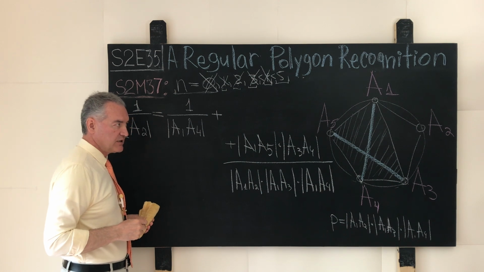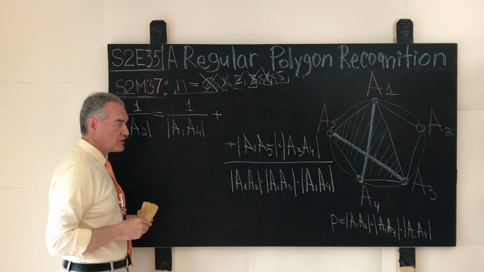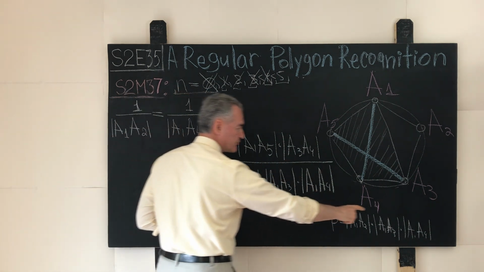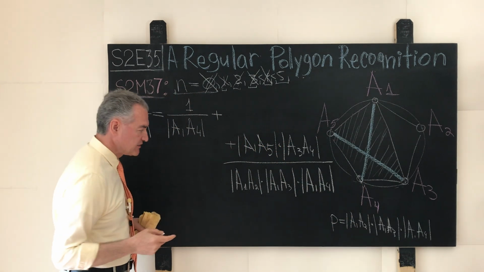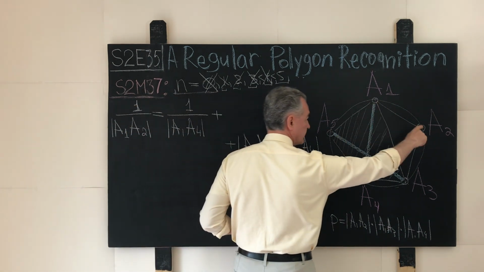Some distances can be canceled out. And which distances are those? Well, the distance between the vertices A3 and A4, like in this case, is one and the same as the distance between the vertices A1 and A2.